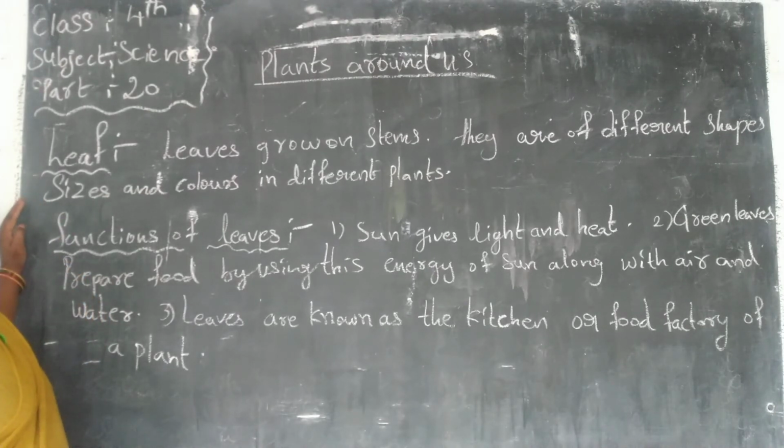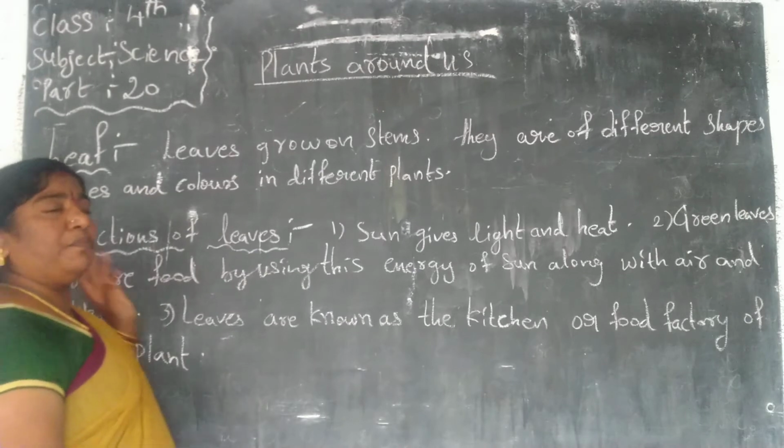Some leaves are round in shape, some are long, some are short, some leaf edges are sharp, some leaf edges are smooth. The colors are different too: yellowish, reddish, green, light green. Different kinds of leaves are there in different types of plants.